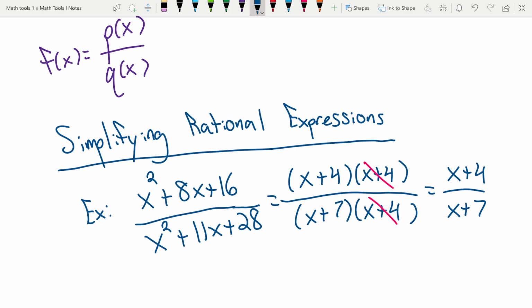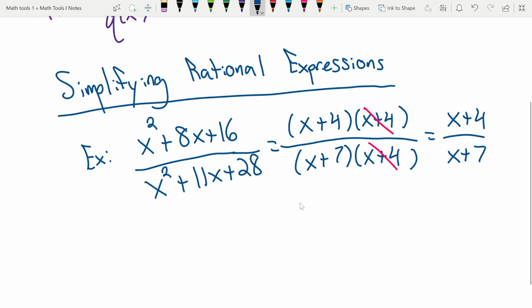In a function context, though, we will need to be a little bit careful, because they are a little bit different in that the domain of this function is not equal to the domain of this function. We still can't put x equals negative 4 into this function.